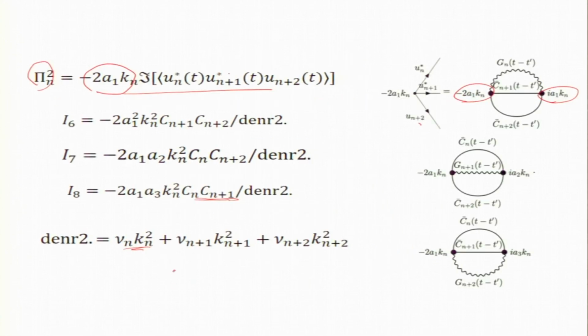So, the right hand side has C n plus 1, let us look at one of the terms, divided by nu n k n squared, and there is a k n squared, right. So, I just look at this term. Now, what is the k dependence of this part? This is the k dependence, no.